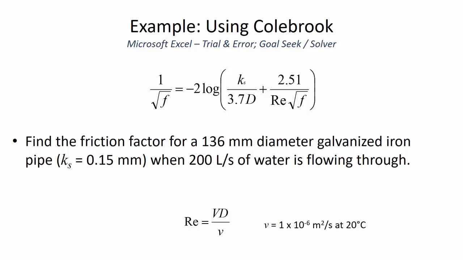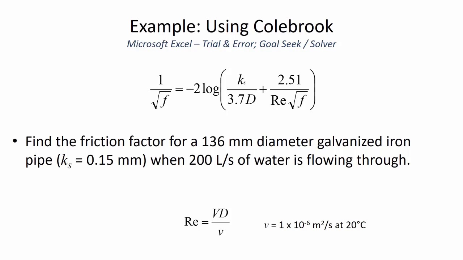So we want to find the friction factor that we're going to use. Now Reynolds number is going to make use of that flow rate. We're going to need the diameter, both in the Reynolds number and here. Let's see how we would tackle things if we just started off trying to do the iteration on paper.